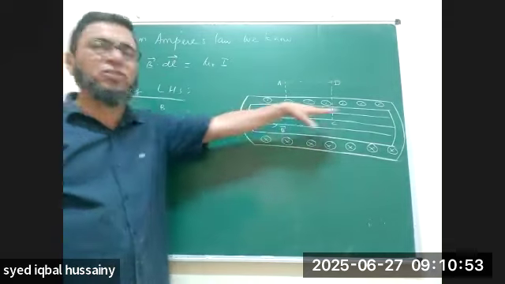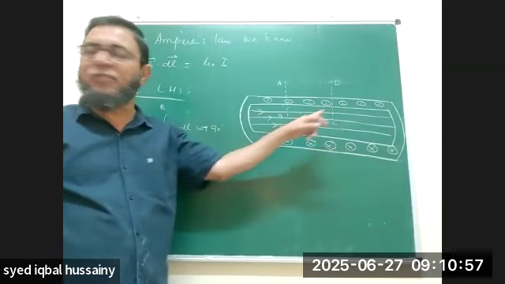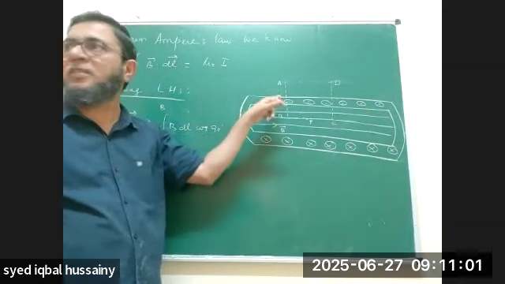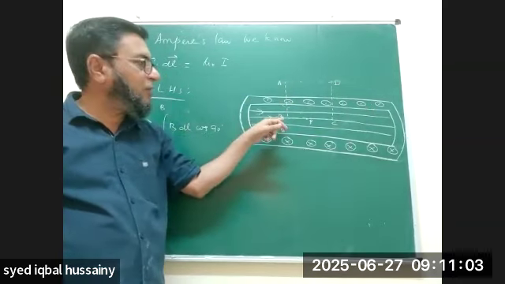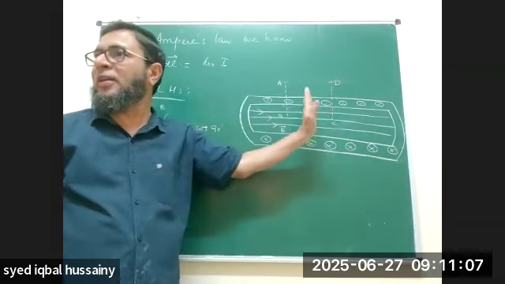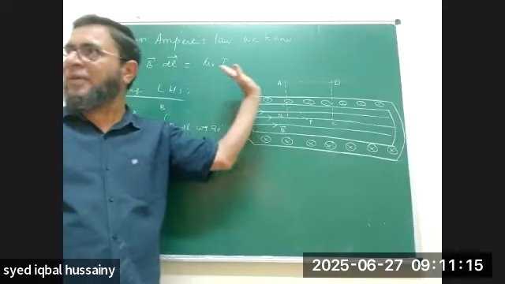The direction of the magnetic field will never change in the loop. The magnetic field direction is the positive x axis. But you see the dl AB is at 90 degrees, the dl BC is parallel, the CD is perpendicular, and the DA is anti parallel. Is that understood?